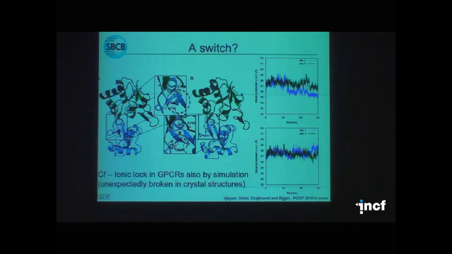This is totally reproducible, and you can do a simulation where you constrain that hydrogen bond to be fixed, and you can prevent the cleft from closing. So this is a molecular switch, an ionic switch, and that's something that's been seen in GPCRs, a so-called ionic lock, which has also been studied quite a lot by simulation, and which was unexpectedly broken in the crystal structures.